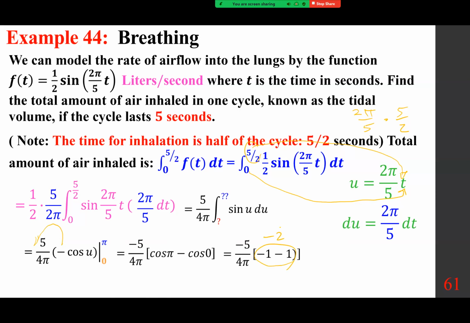And we get 10 over 4 pi or 5 over 2 pi. This is the exact answer. Now use a calculator. They probably want you to go with a decimal or two. They will tell you. So 0.80 liters. As far as the units are concerned, this is liters per second. This is the rate. So this becomes liters. So anytime we have a word problem, it's important to answer with proper units.